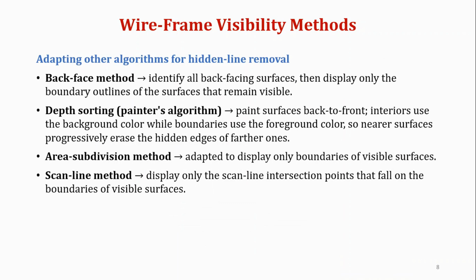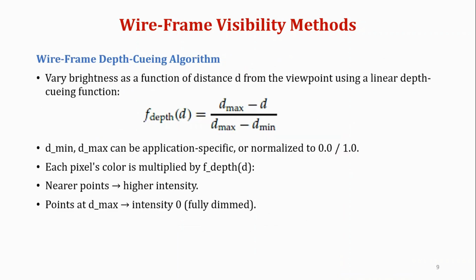So the next thing is the wireframe depth cueing algorithm. When viewing a complex wireframe model, depth perception is very difficult. To address this problem, we can apply the depth cueing algorithm. Depth cueing is nothing but varying the brightness of the object according to the distance from the viewer.